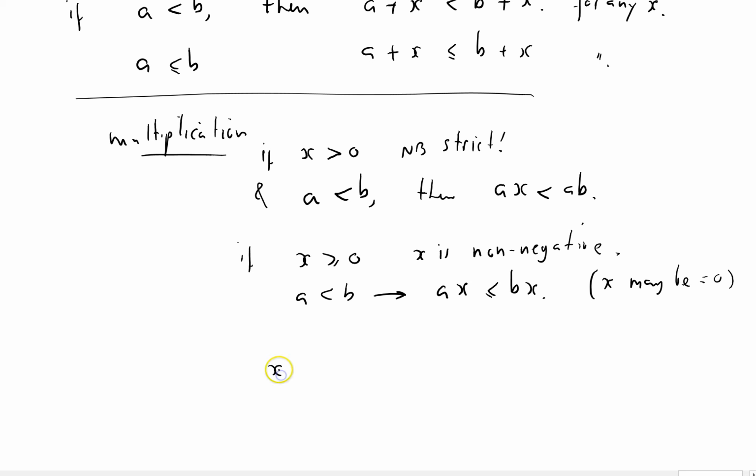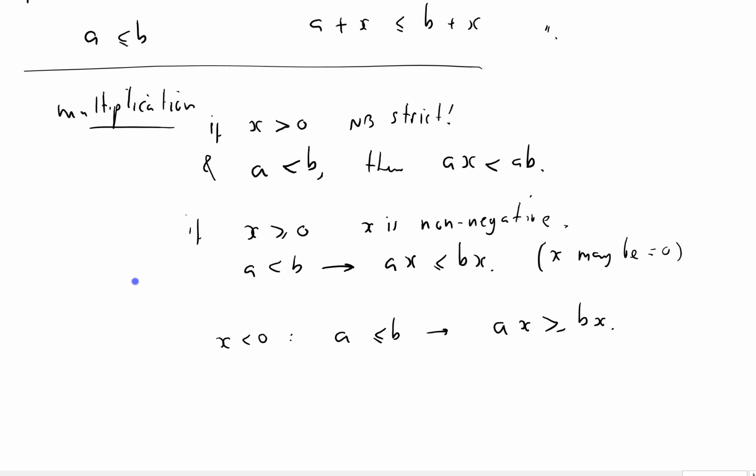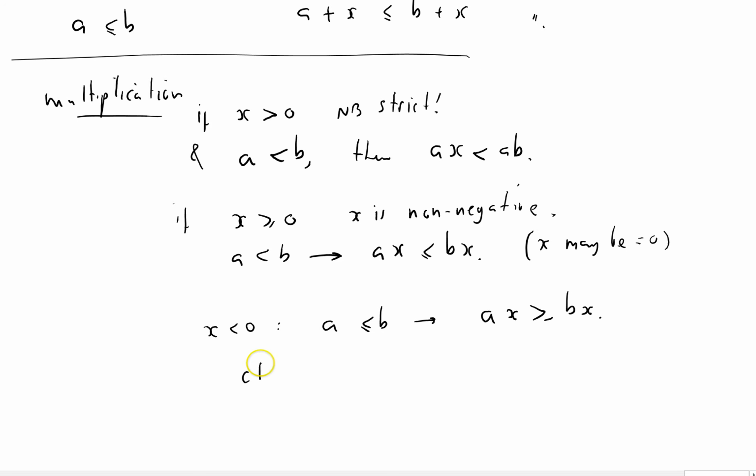What happens if X is negative? If X is negative, then A less than or equal to B implies that AX is greater than or equal to BX. So we change the sign, which is of course the case if X is strictly negative. It means change the direction of the inequality.